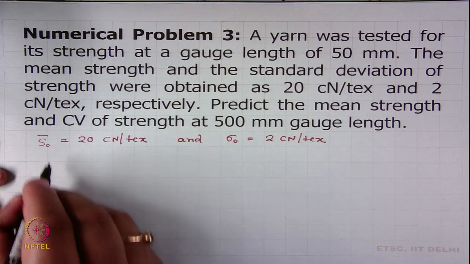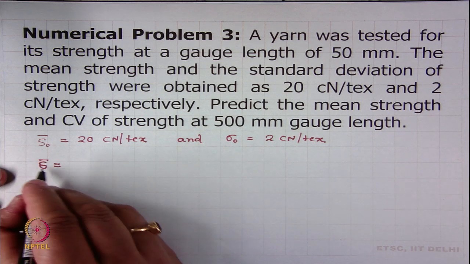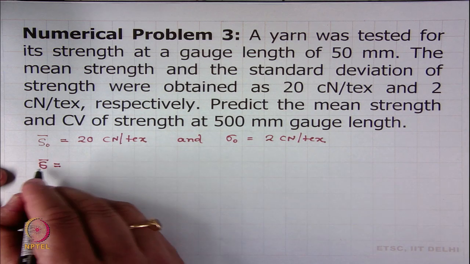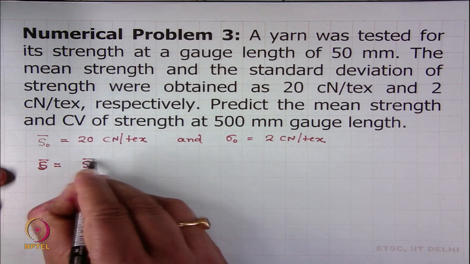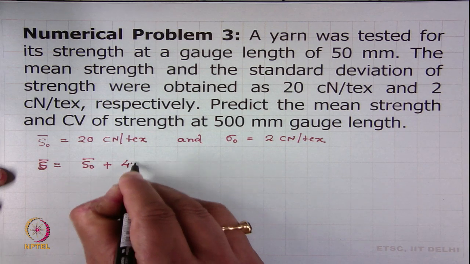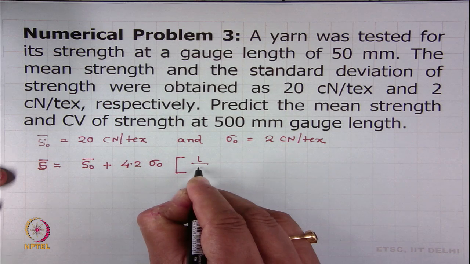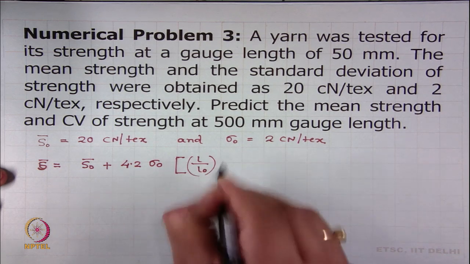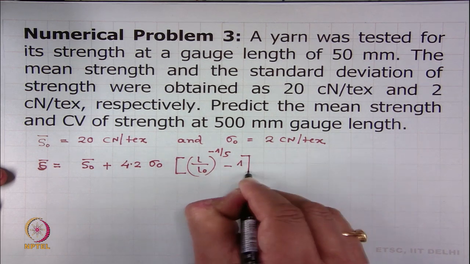We apply Peirce formula. Mean strength at longer gauge length, 500 millimeter gauge length, is equal to this plus 4.2 sigma naught, L by L naught to the power minus 1 by 5 minus 1.